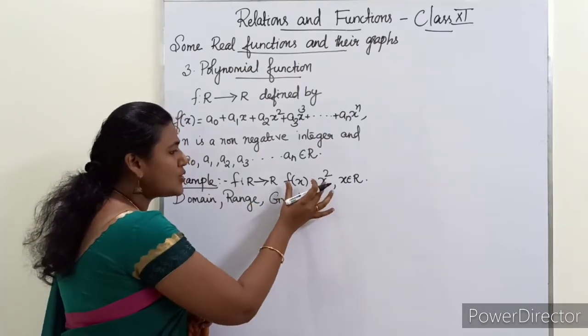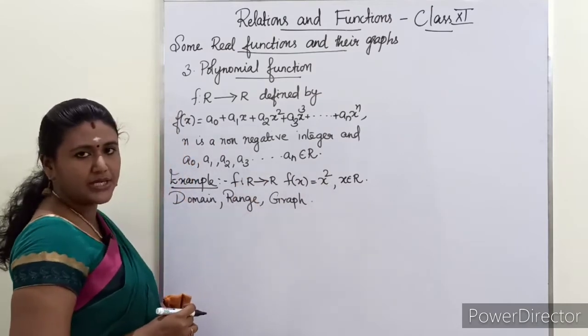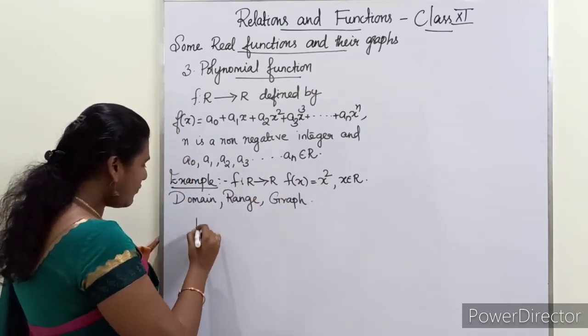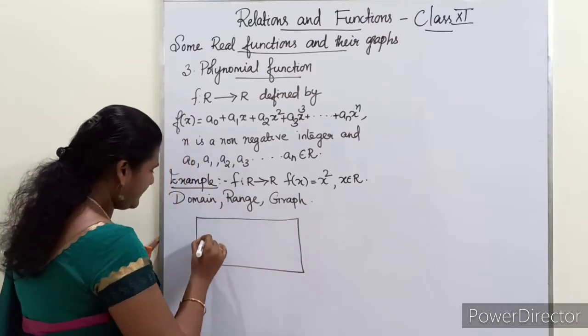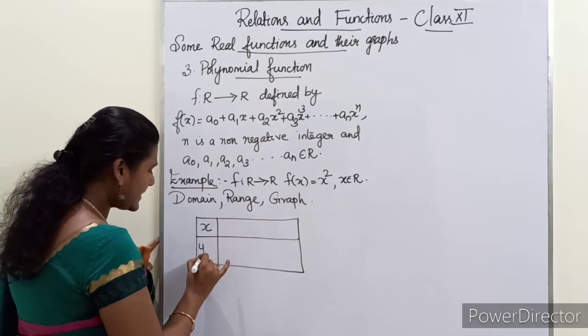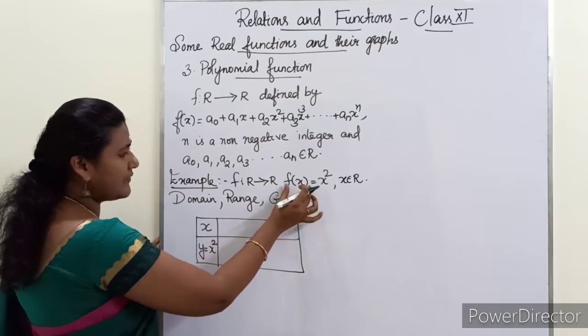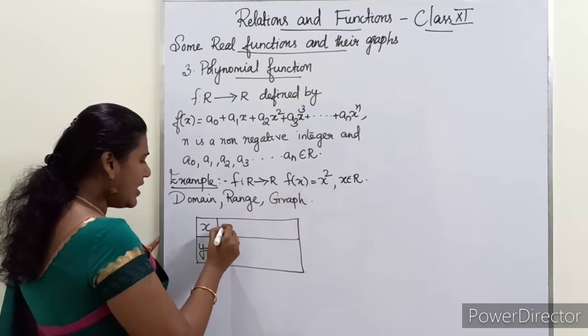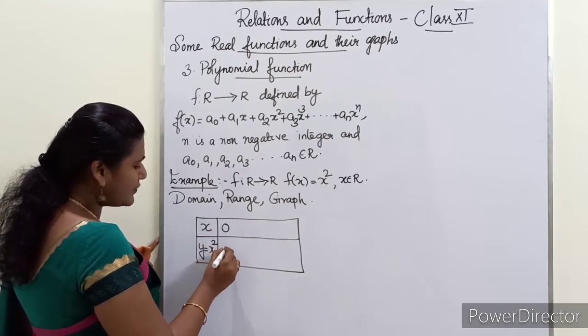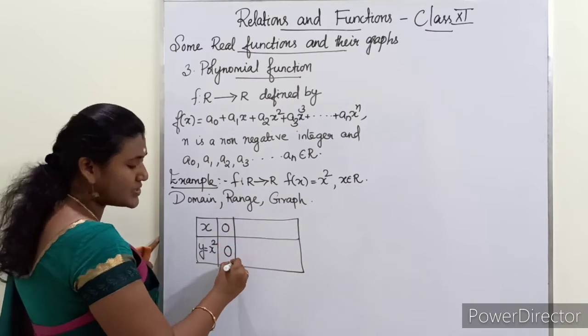So first, if you want to draw the graph of this function, we need x and y values. We will take a few x and y values, and here y is nothing but x square. Y is a function that is equal to x square. First I am taking x is equal to 0. If you substitute, you will get y also 0.